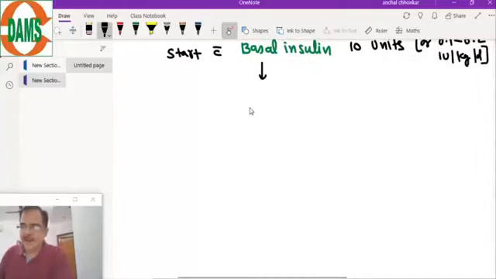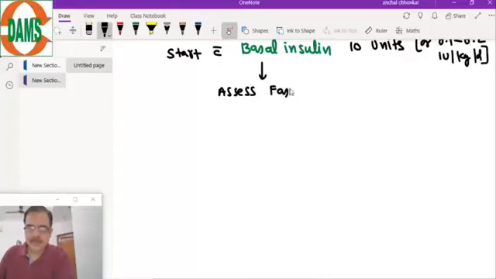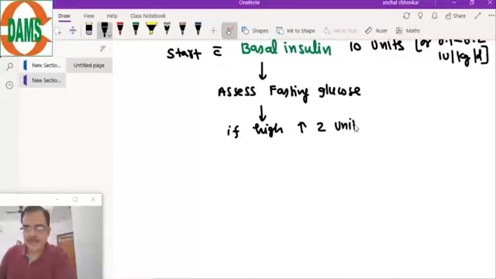Next step, we will assess the fasting plasma glucose. So after 3 days, assess the fasting glucose. If high, increase 2 units every third day.